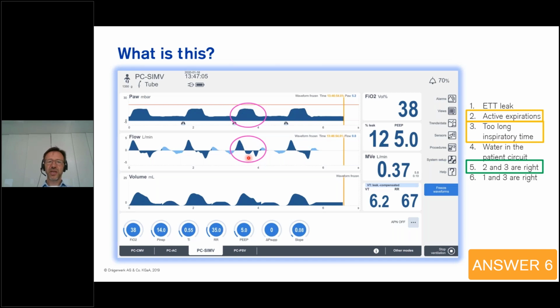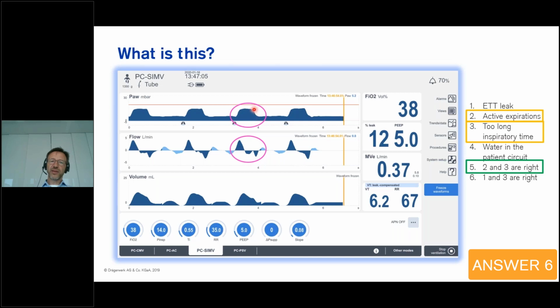It must be the patient who is pressing against the ventilator inspiration and exhales against the inspiratory pressure. This is truly explained as active expiration, or we also speak about the patient fighting the ventilator. So the patient is really expiring against the inspiratory pressure of the ventilator. And that is the typical pattern you see in the flow curve here.